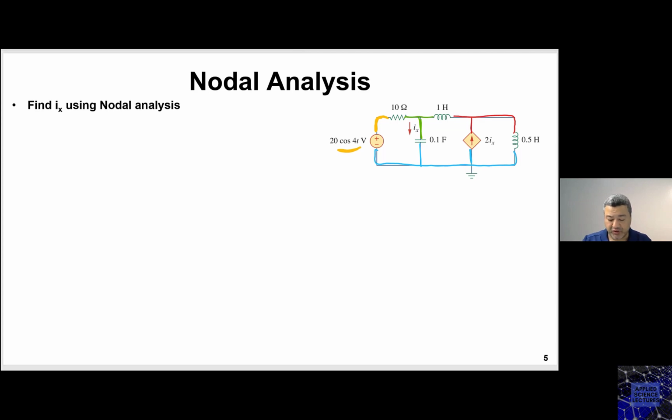Yes, that's correct. So I will redraw the circuit, and now I won't be having Henrys or farads or sinusoidal functions. I will be only having impedances and phasor representation for that source. So I will redraw the circuit.